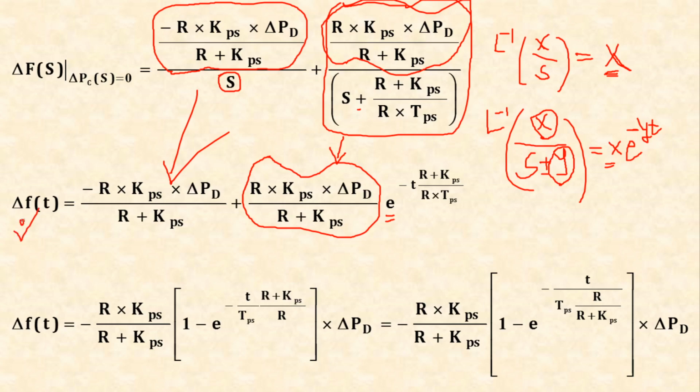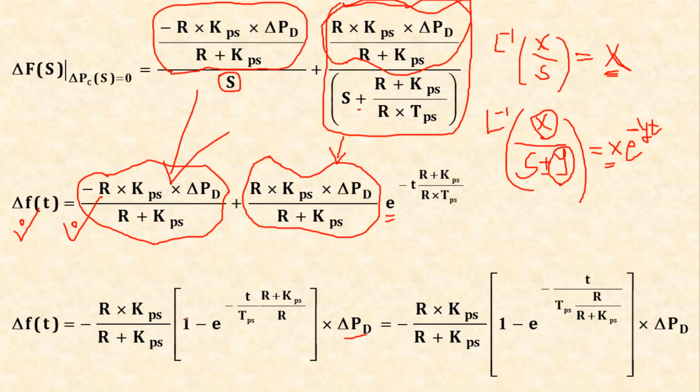Now, we have to slightly modify the answer. So, over here you can see that minus r into kps into delta pd upon r plus kps, in same way over here r into kps into delta pd upon r plus kps. So, I will take this term as common, minus r into kps into delta pd upon r plus kps. So, I will take that term as common.